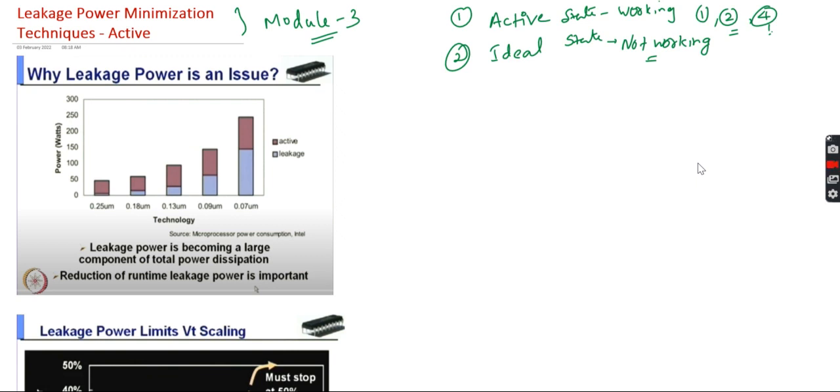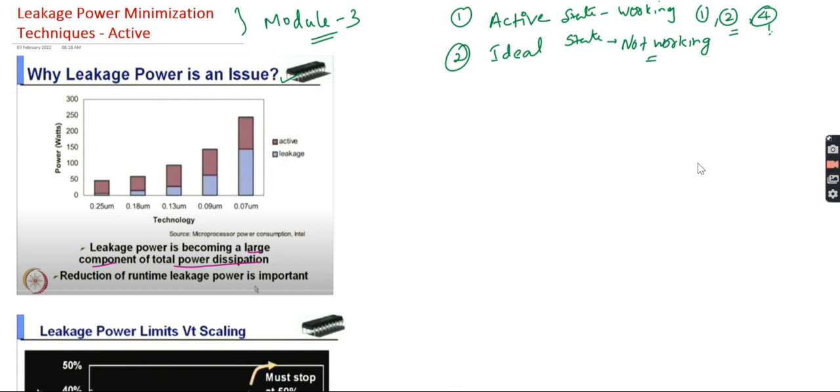In this, the first thing we need to know is why the leakage power is an issue. The leakage power is becoming a large component in the total power dissipation.